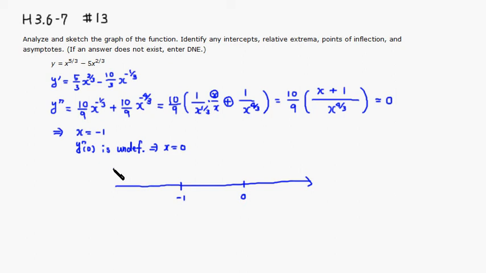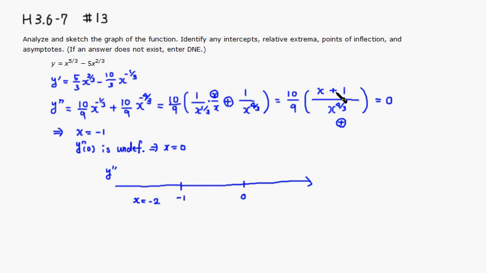Then we look at the sign of y double prime. So here you can try something smaller than negative 1, so I'll try negative 2. If you plug in negative 2, the bottom guy is always positive because you have a 4th power involved, even power. So we just have to worry about the top.